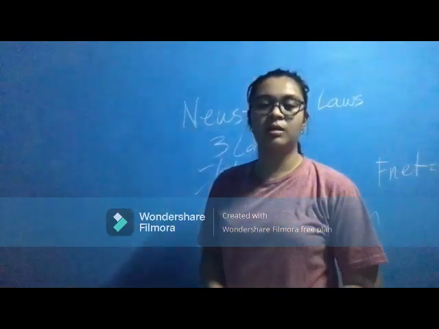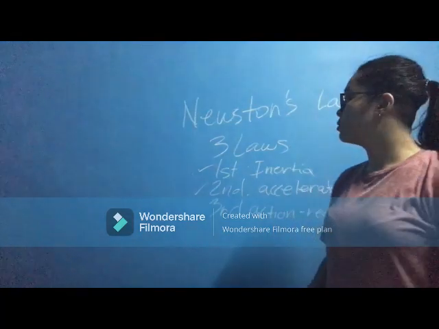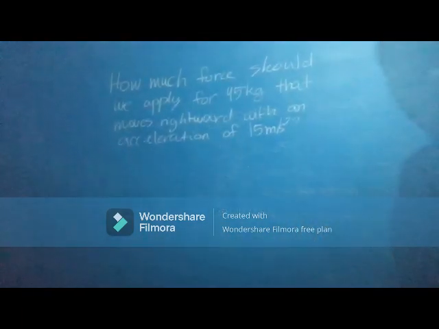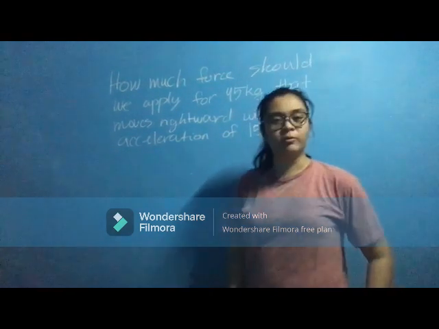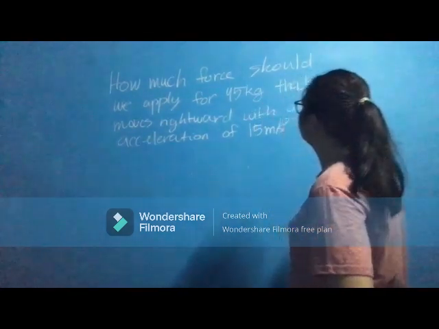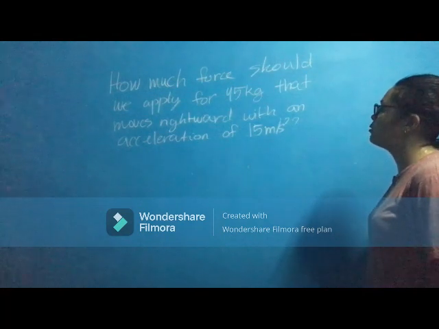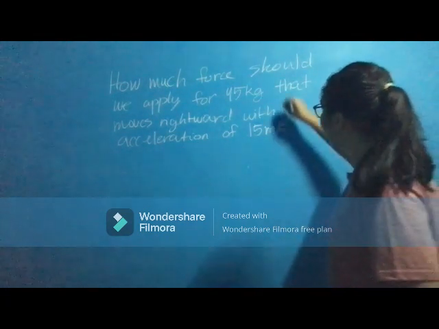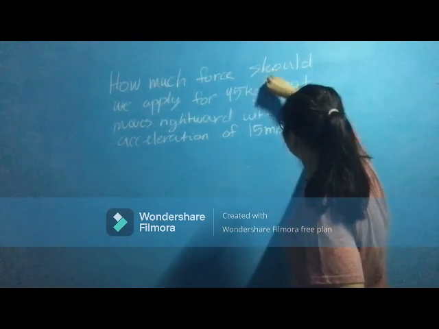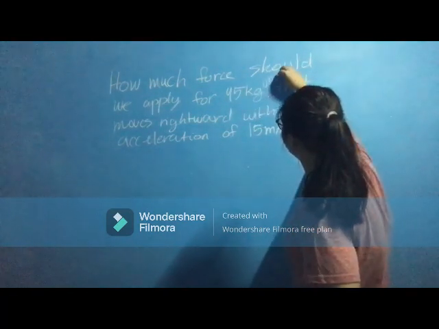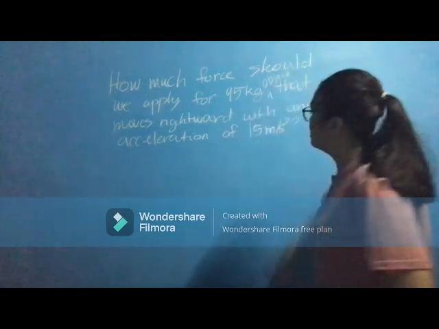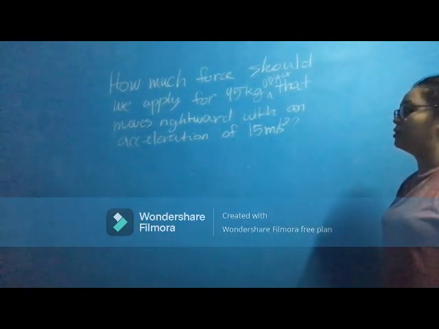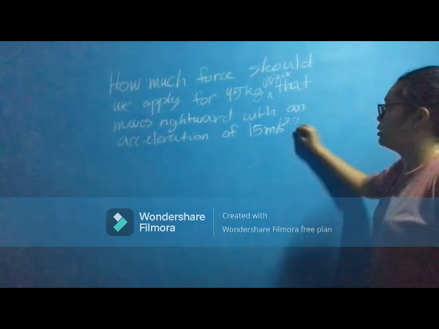Let's have a little problem solving, which concludes Newton's laws. Here is our problem. How much force should we apply to a 45 kilogram object that moves rightward with an acceleration of 15 meters per second squared?